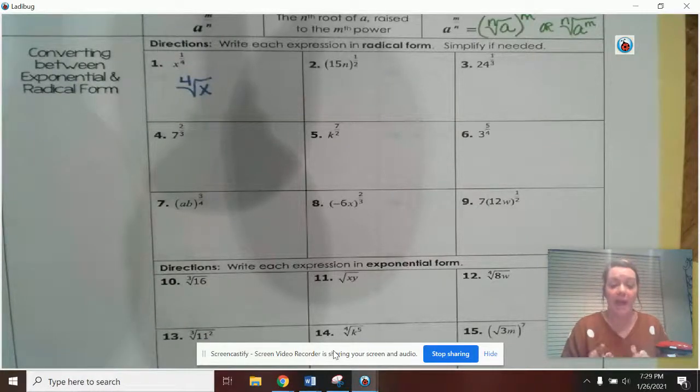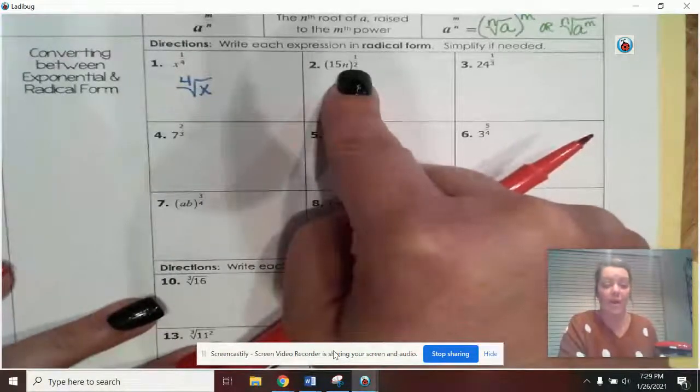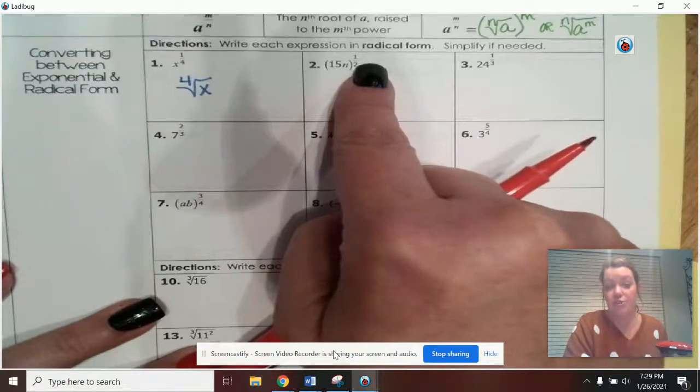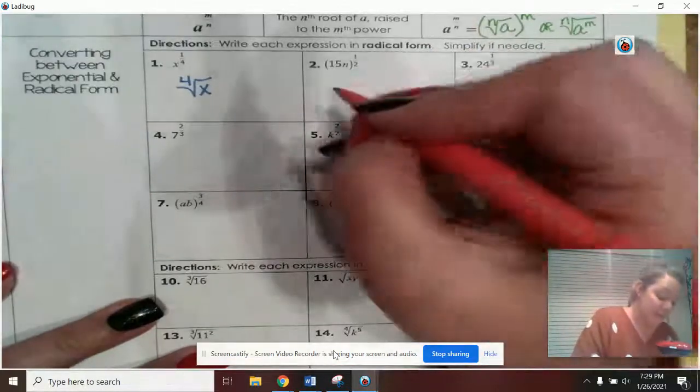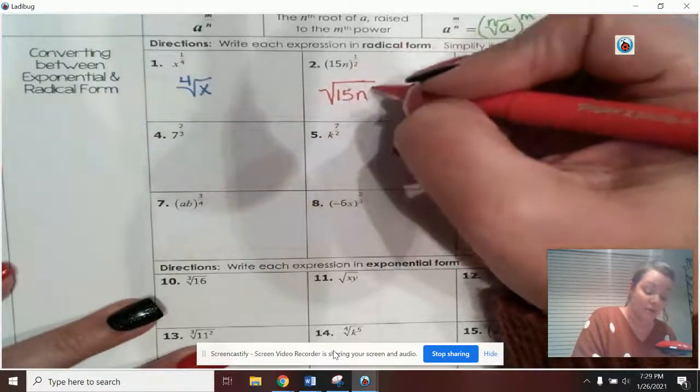15n to the 1/2, okay? So the 15 and the n are both raised to the 1/2 power. The number on the bottom is our root. So the 2, that's my root. So it's a square root, okay? So this is going to be the square root of 15n. And I don't need to worry about the 1 because these are both raised to the 1st power.